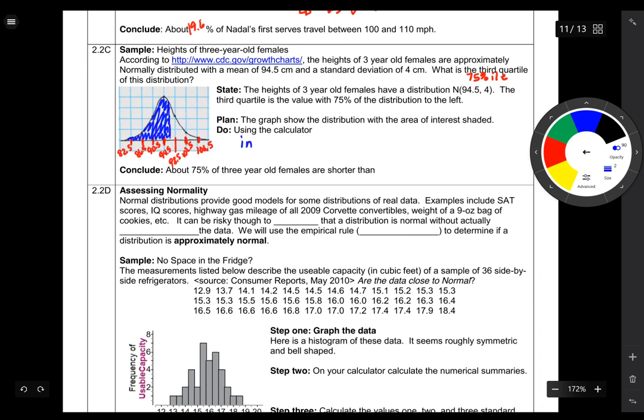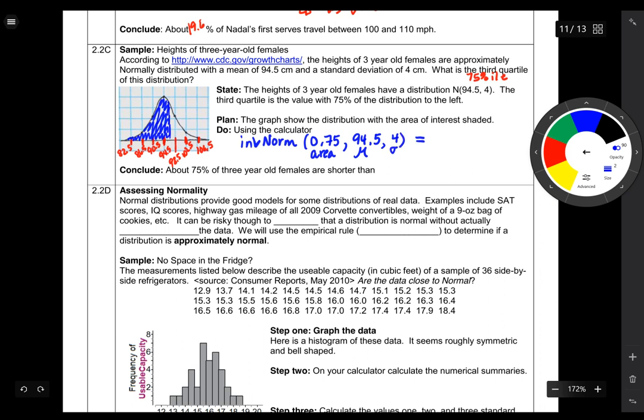So inverse norm. So 0.75 is our area. Our mean of this distribution is 94.5 centimeters, and our standard deviation is 4 centimeters.